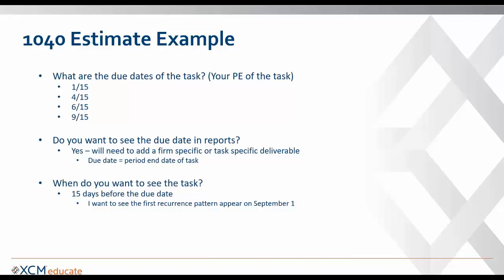So maybe we want to set it up 15 days before, so it rolls out on the 1st or the 2nd of September. And then we have 15 days or 10 days to get it ready and get it out to our customers. So you have the ability to set that up in your recurring patterns.